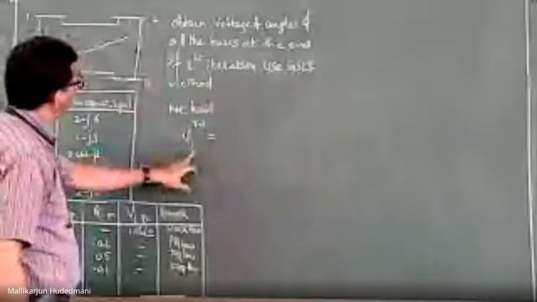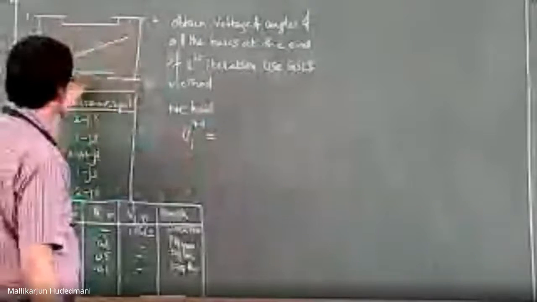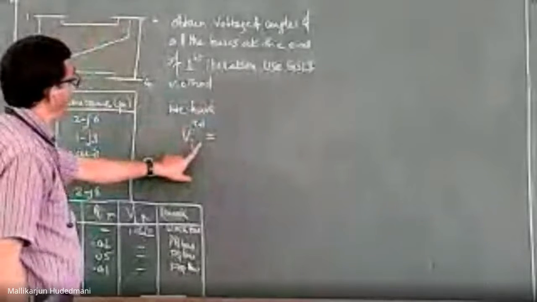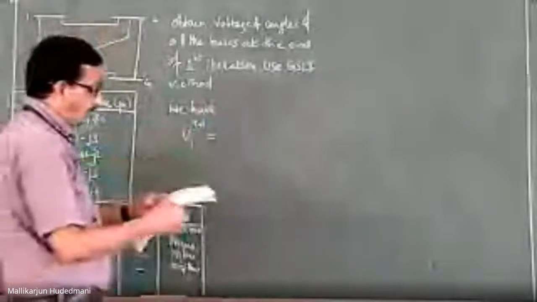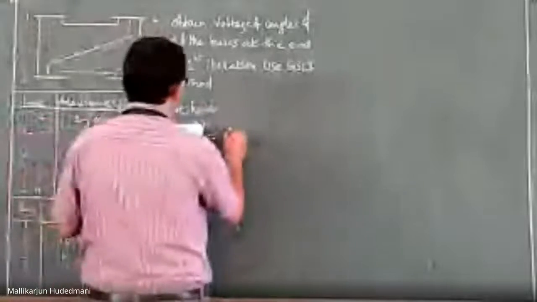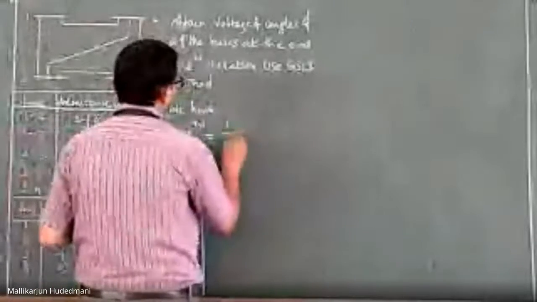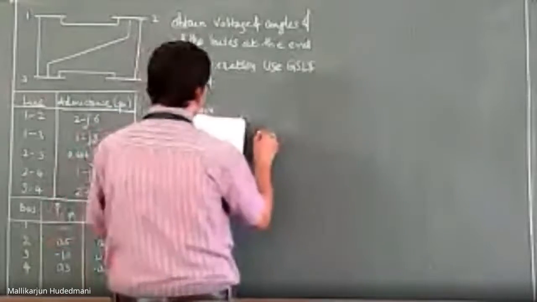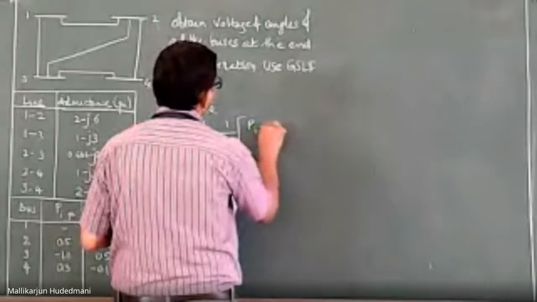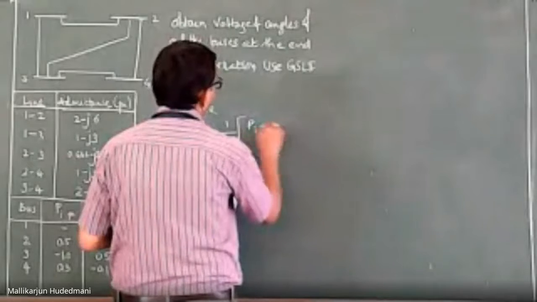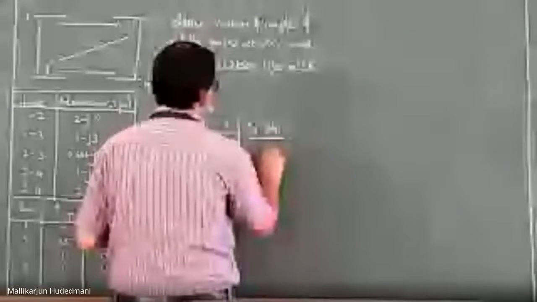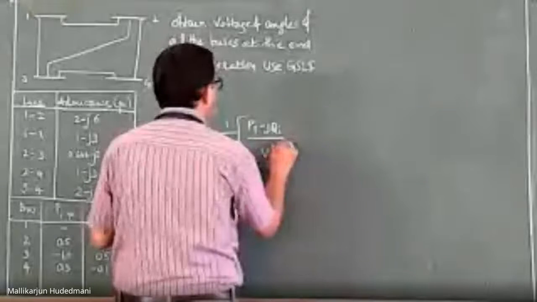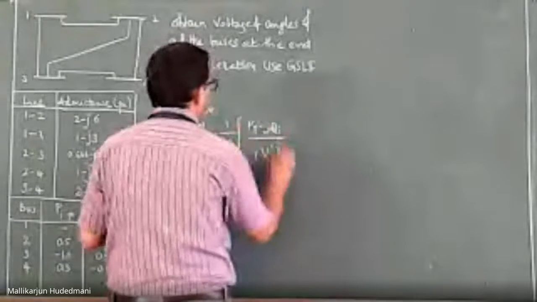Any bus i, we now have 1, 2, 3, 4, except that there are only 3 possibilities. It may be 2, it may be 3, it may be 4. So like that, V_i^(r+1) equals, we have the solution 1 by Y_ii. In yesterday's equation, we have seen K like that. So now I'll be using P_i minus jQ_i divided by V_i^r conjugate. I write it this way.